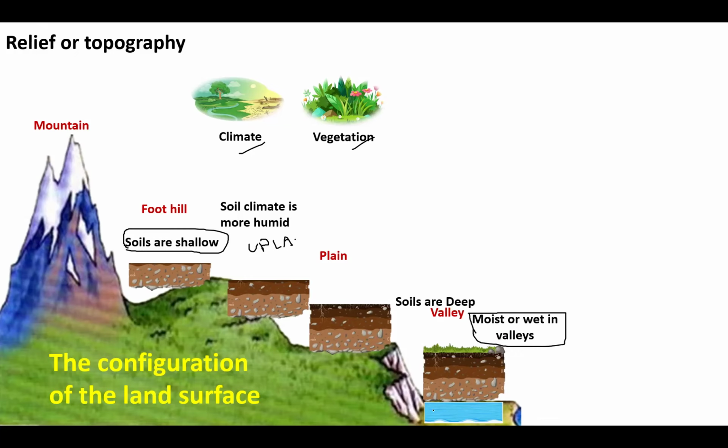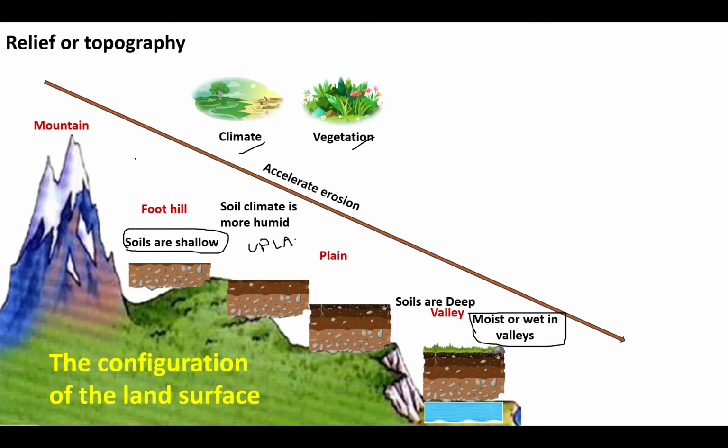So the drainage in valley regions is very poor. Whereas in the foothill, the drainage is very good, because there will be severe erosion, and whatever parent material forms due to this relief or topography will be eroded into the valley side of the relief.